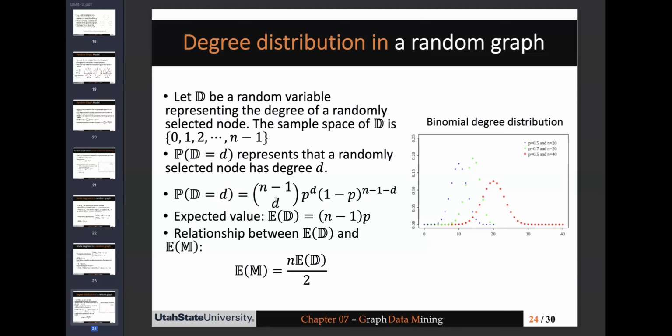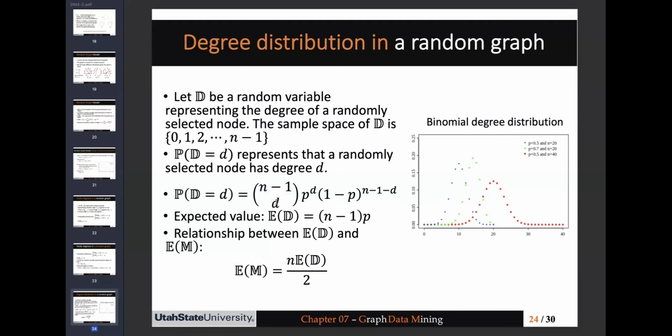From n minus 1 nodes, I need to choose d. In other terms, if you pick a random node, what's the probability that it has a degree of d? It has n minus 1 as the maximum possible degree. I can have a connection with everybody in the graph except myself, of course. That's why we say n minus 1.